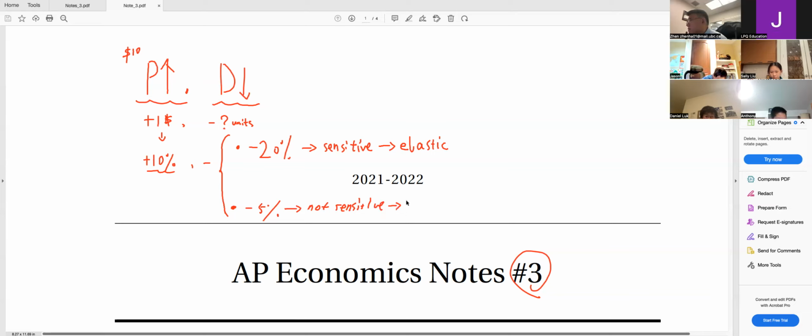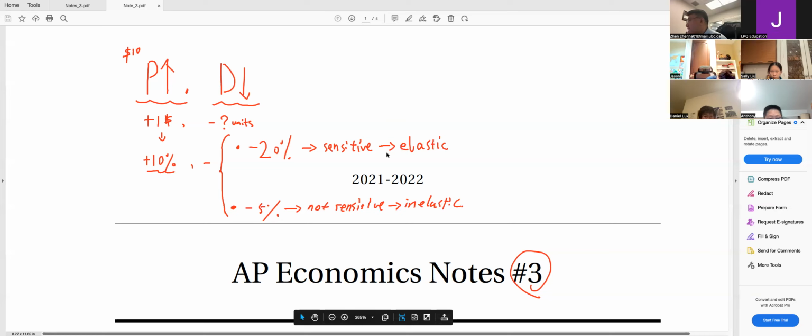Professionally speaking, we see the demand curve is now inelastic. That just means the consumers are not sensitive about price change. Yes, these are my two examples.